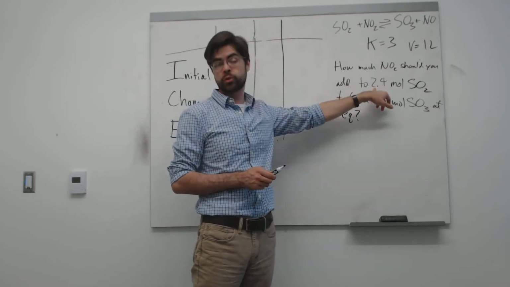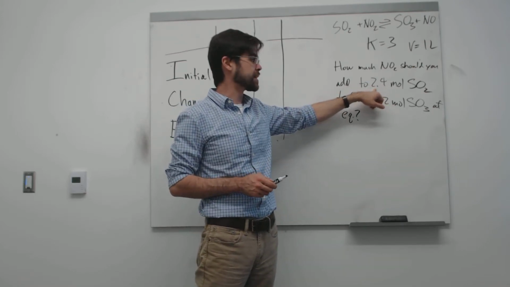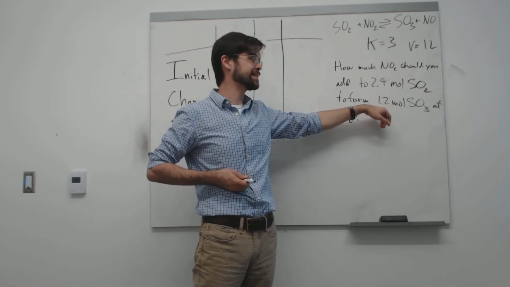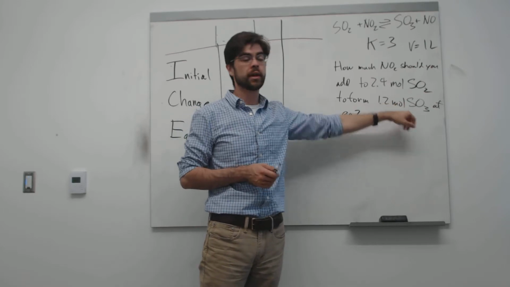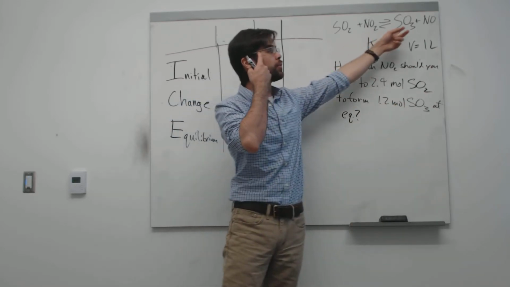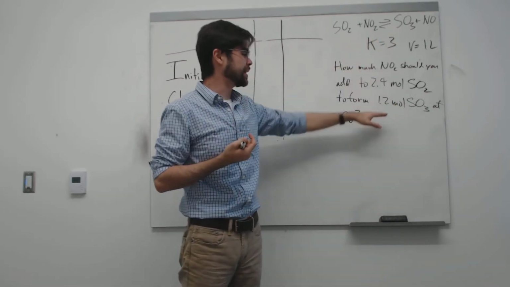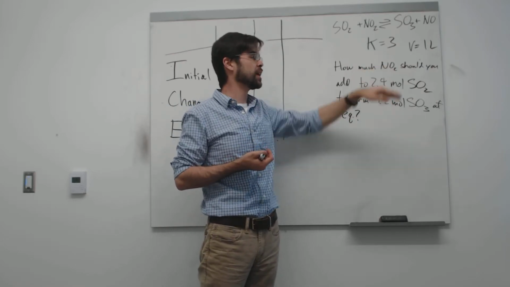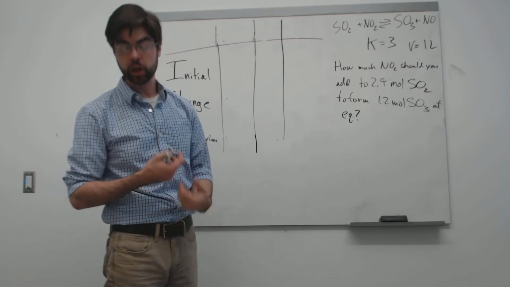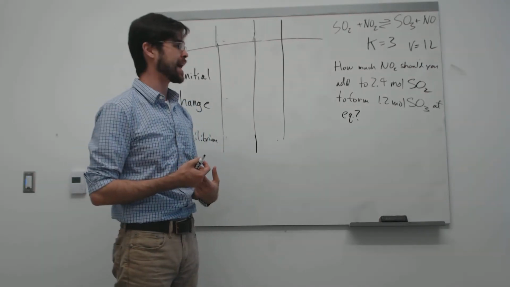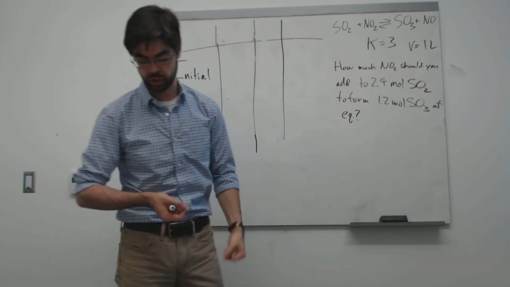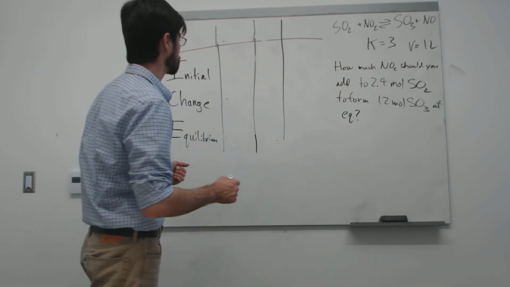So you start with 2.4 moles of sulfur dioxide, and once you reach equilibrium, you want to end up with 1.2 moles of sulfur trioxide, one of our products. Given what you start with and what you want to end with, how much NO2 did you need to start with? I know it says add there, but the idea is you're adding it to this initial reaction mixture. So how much do you want to start with?